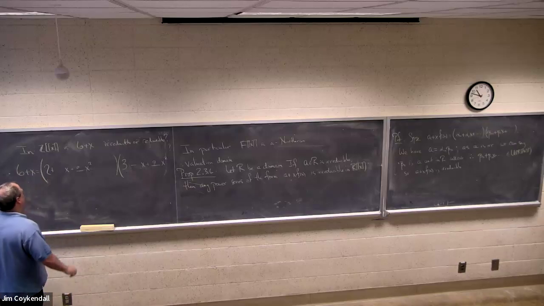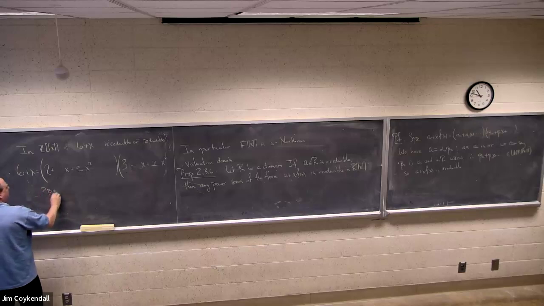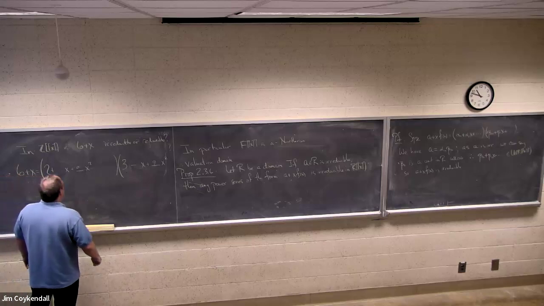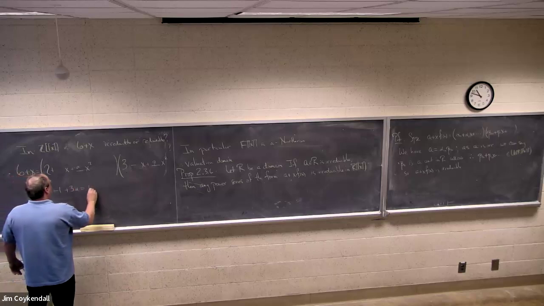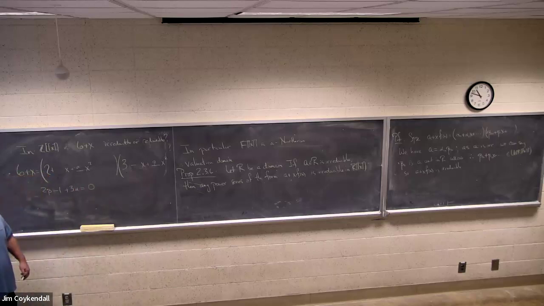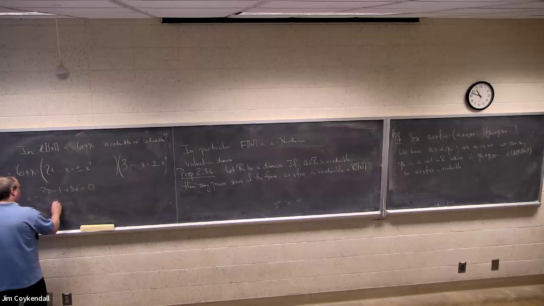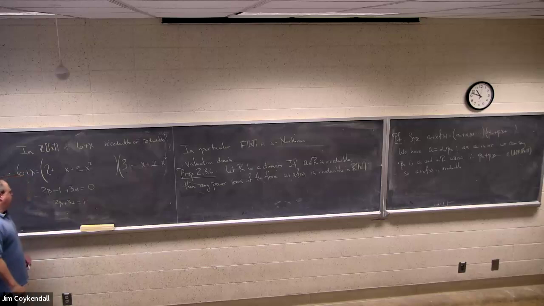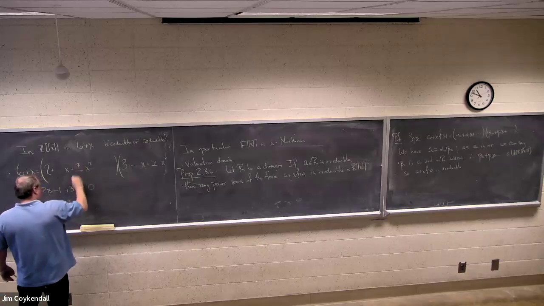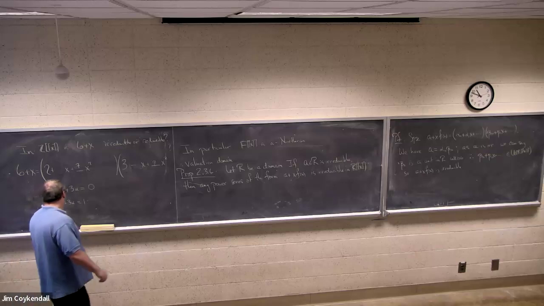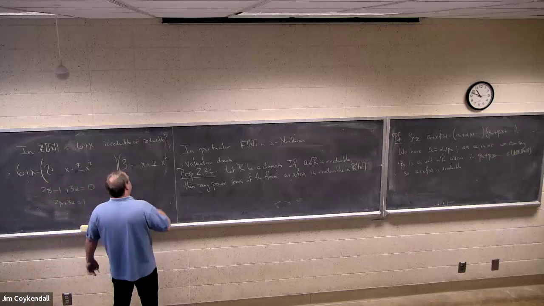You have to have 2 beta plus minus 1 plus 3 alpha equal to 0, which is equivalent to 2 beta plus 3 alpha is equal to 1. So maybe alpha is, I don't know, 7, and that would be like, what, minus 10 or something like that?